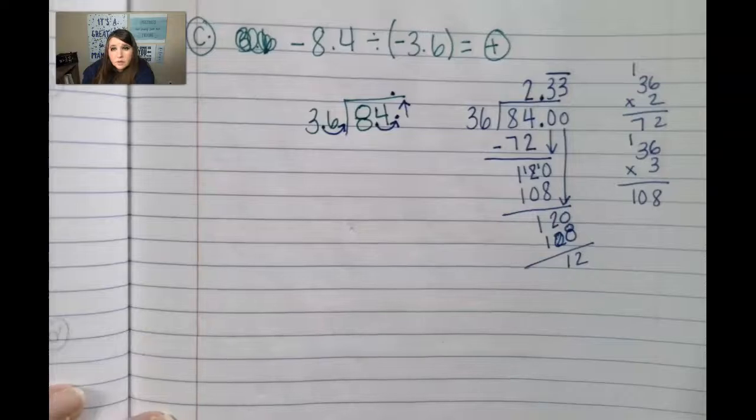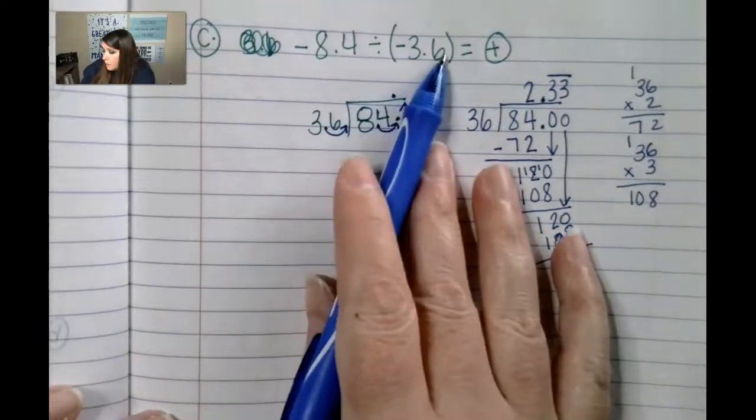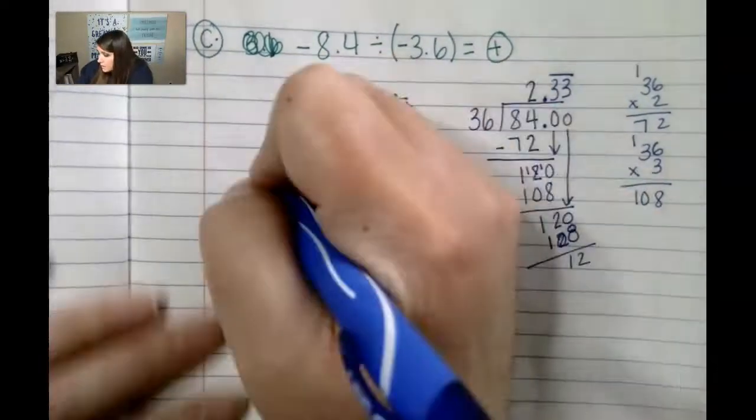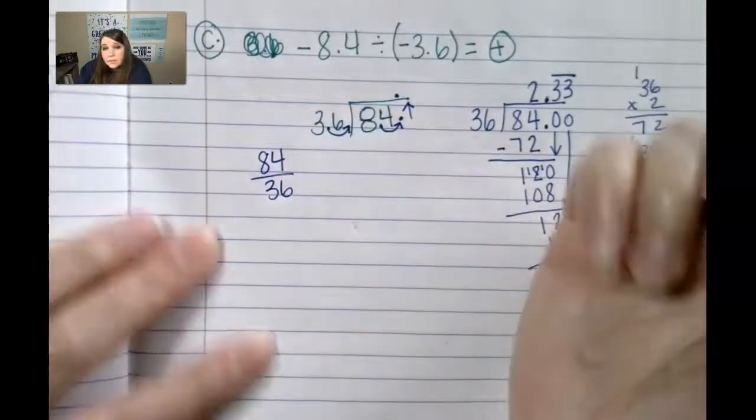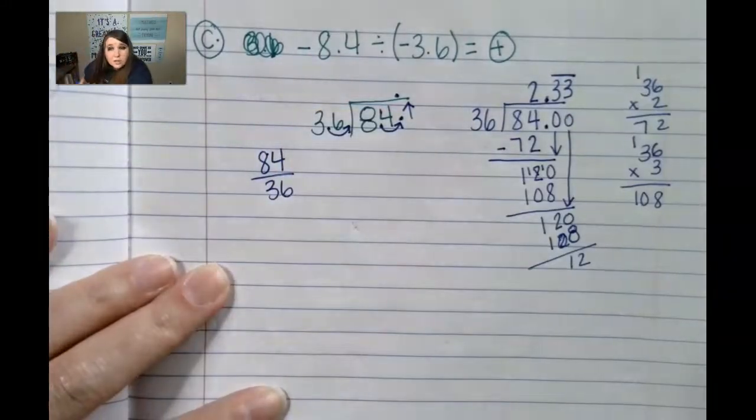Another way that you could have looked at this problem was you could have written it as 84 divided by 36 and looked at it as a fraction.